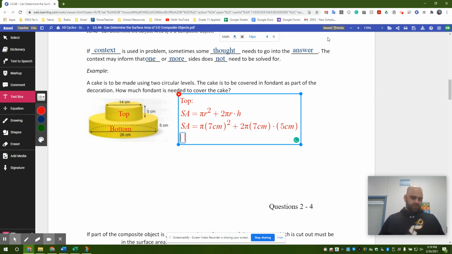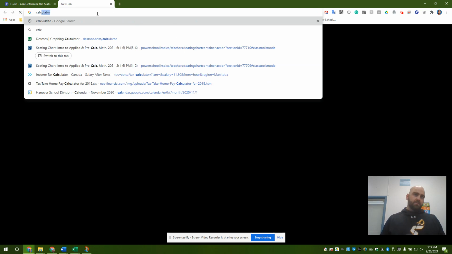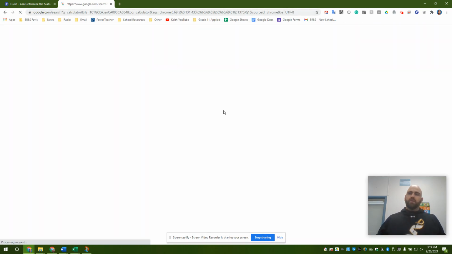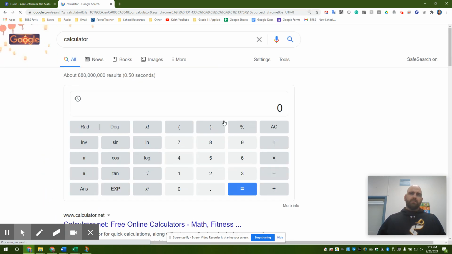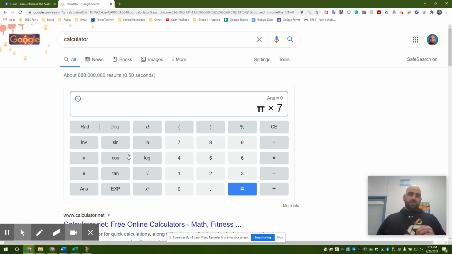And we're going to get an answer. Surface area is equal to... I'm just going to quickly grab the calculator in Google here, and it takes a second to load as we're going through. Zoom it in a little bit. So we're going to do pi times the radius squared.